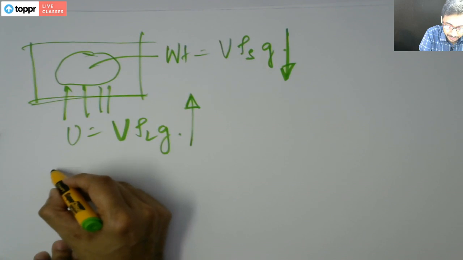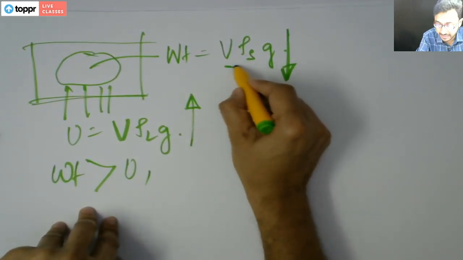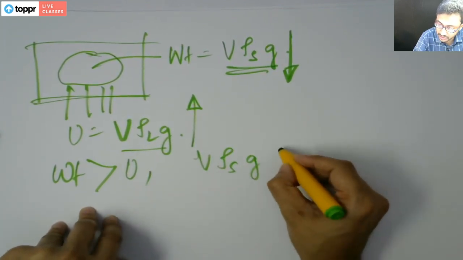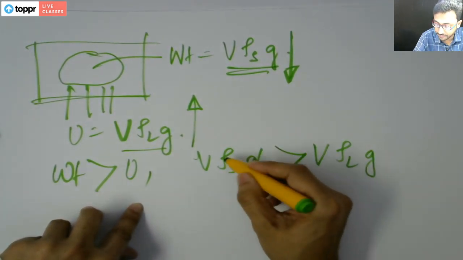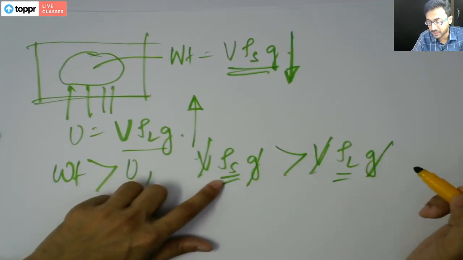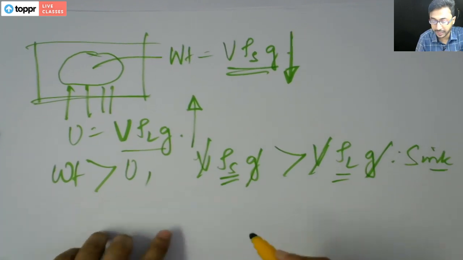See, if the weight is greater than the upthrust, that is, V rho S G is greater than V rho L G, if you cancel it, you will find when the density of the solid is greater than the density of the liquid, the body will sink.